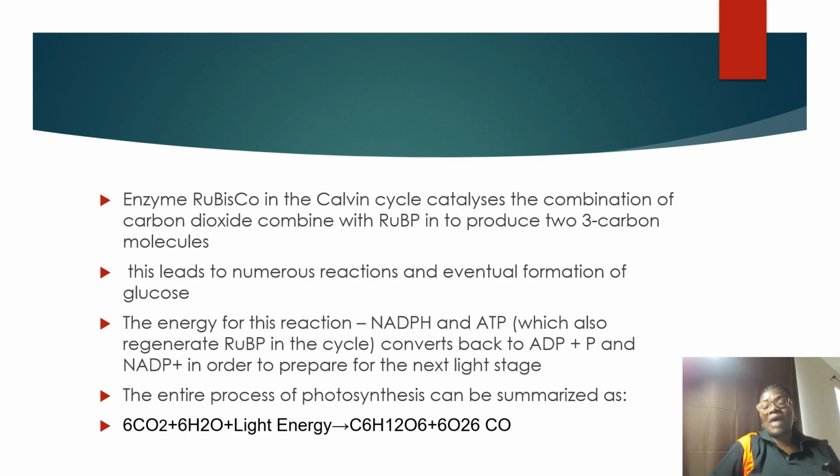So it converts back to ADP plus P and NADP plus. Then these go back again into the last stage to continue the process of photosynthesis, because the process of photosynthesis is a continuous cycle that happens continuously, because that is what makes plants live and continue to grow.